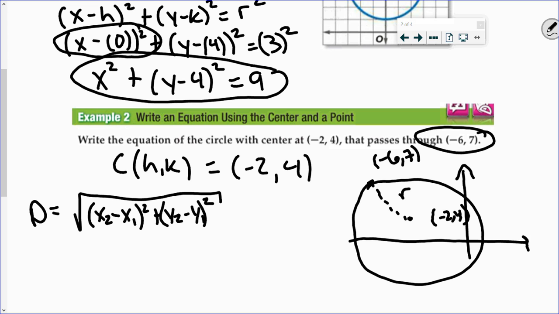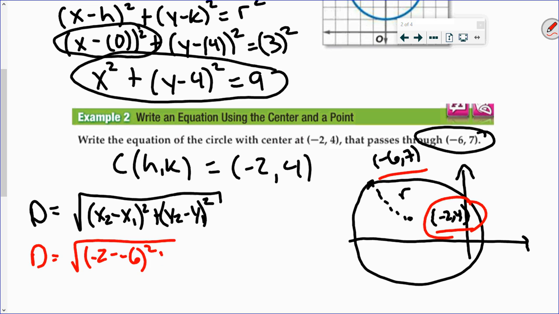So if we're finding the distance between these two points, that's going to give us our radius. Subtract the x values, starting with our center: -2 minus the other x value, -6, squared, plus the difference in the y values, 4 minus 7, squared.